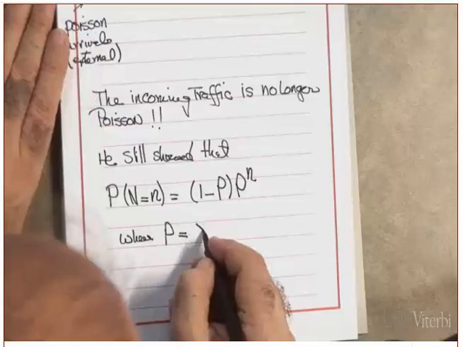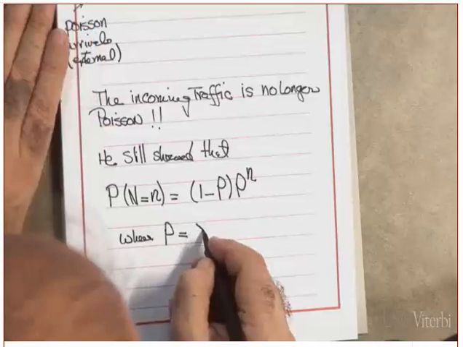Now help me. What is this? Lambda 1. What is the departure here? 1 minus P lambda 1 goes out, and P lambda 1 returns. Which means lambda 1 is equal to gamma plus P lambda 1.